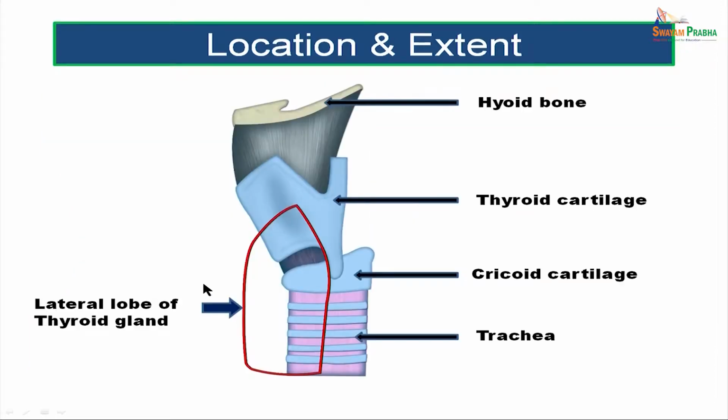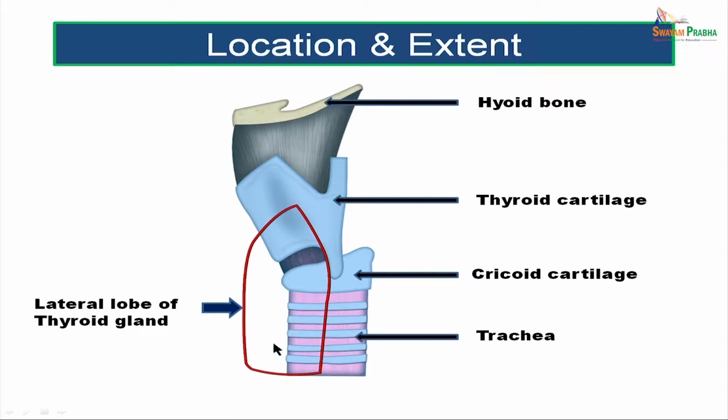When you look at the lateral lobe, you find that it can be explained in relation to the cartilages in the larynx also. The upper end of this is related to the oblique line of the thyroid cartilage. This upper end is the apex of the lateral lobe, which is at the level of the oblique line of the thyroid cartilage.